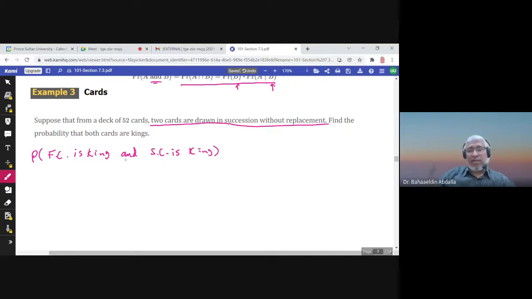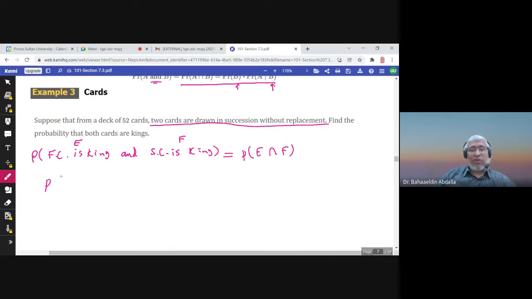So how do you find the probability of "and"? Well, we start with what do we know? Which probability do we know? Do we know the probability of the first card being a king or the second card? Of course, we know the probability of the first card. Let me call this event E, and this is F. So I need to find probability of E and F, or E intersection F.